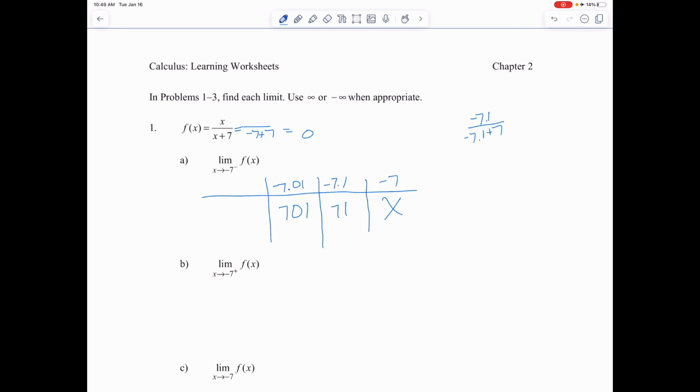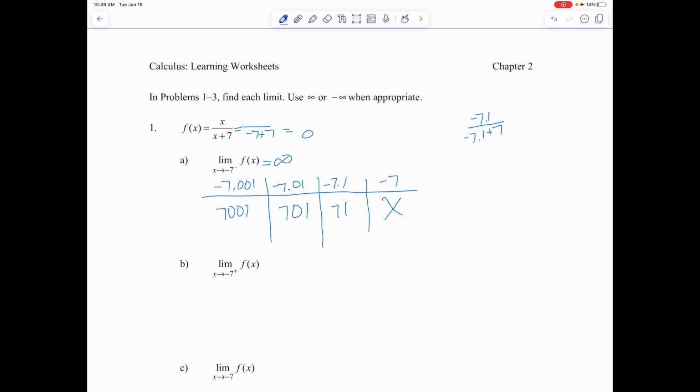Let's do one more. -7.001 gives -7,001. And we can see kind of what's happening here, which tells us it's getting really, really big, really, really fast. So our limit is going to infinity.